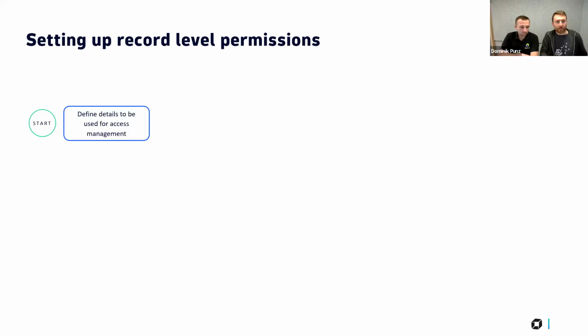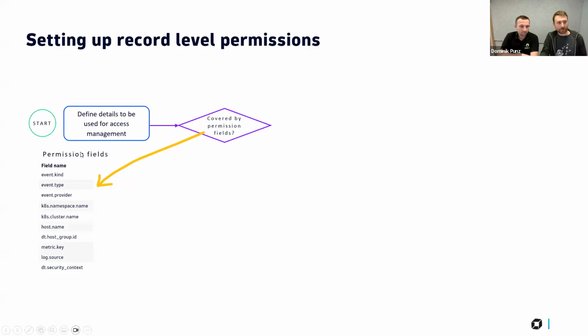Very often, as mentioned before, this is already covered by the permission fields. So it could be the Kubernetes cluster namespace name, or the host group name, which is used heavily throughout Dynatrace already. So those are all good guesses for an easy start.